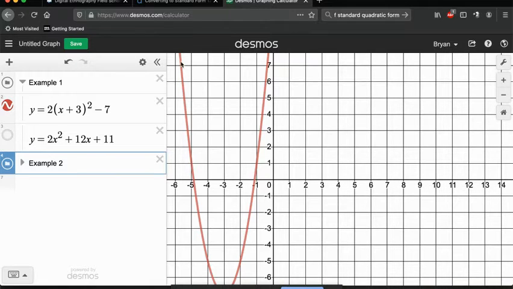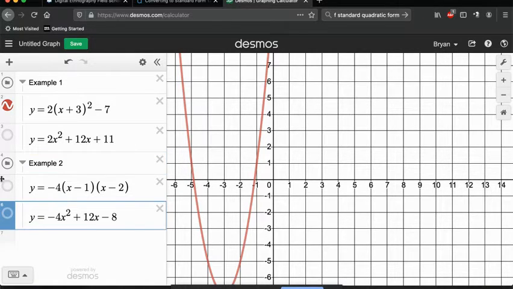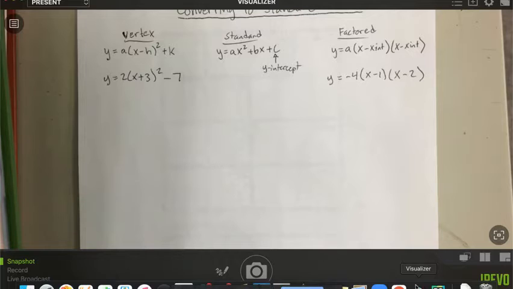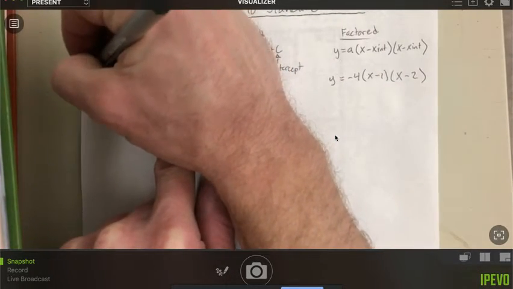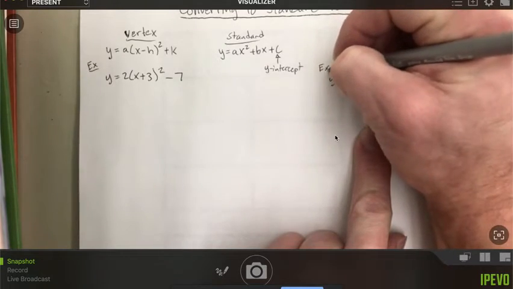You'll see that we have this parabola here in red. I'm betting that once we convert, we'll get to this format, but we'll talk about that in a second. The other example is in factored form, the one in purple there. We're going to see how we can convert that to standard form, which once again, I'm arguing is going to look like this equation. So here's our example here, and here's our example here.